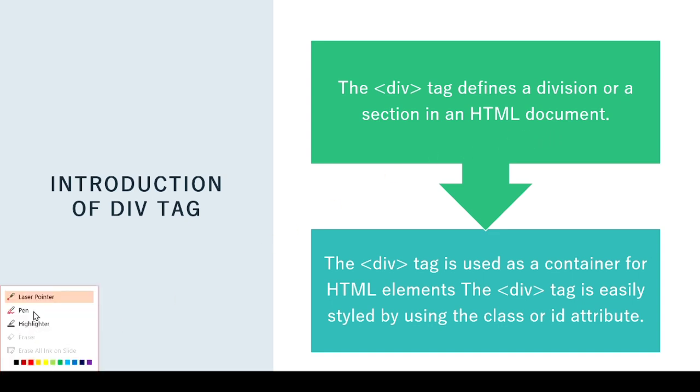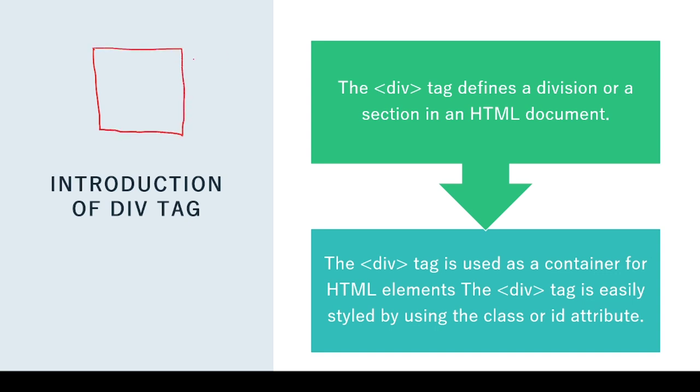If we have something like this, this is our HTML page, and if we want to divide it, this is the heading where the title and all display. And if we want to further divide this and this, how can we do this?